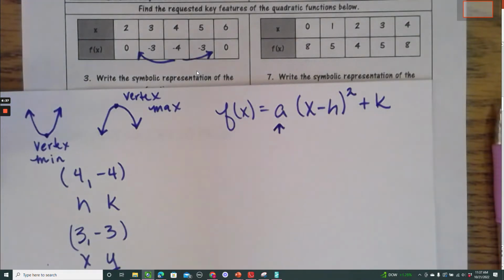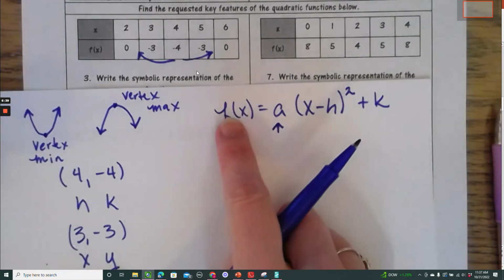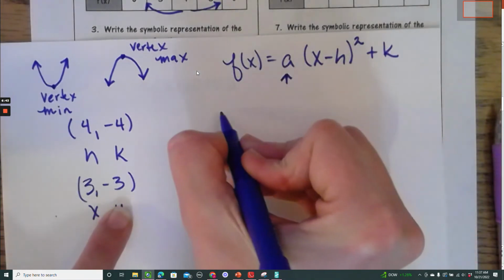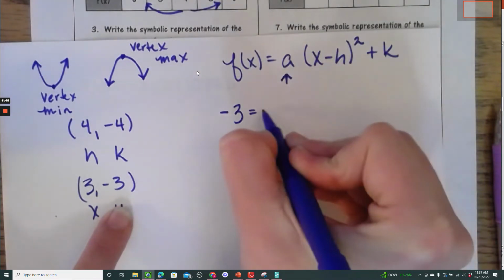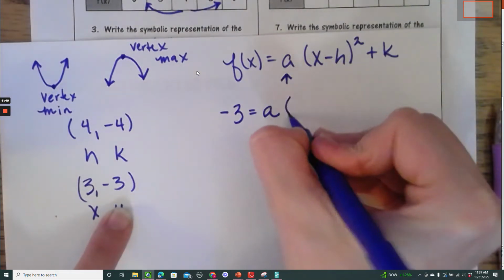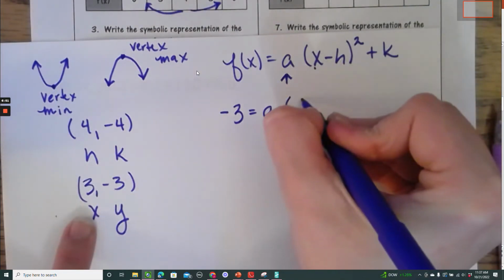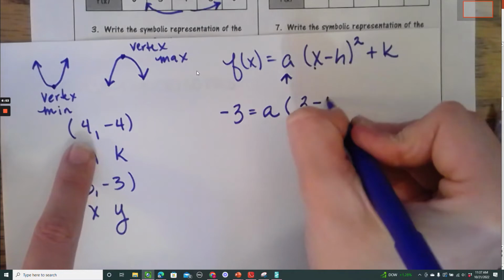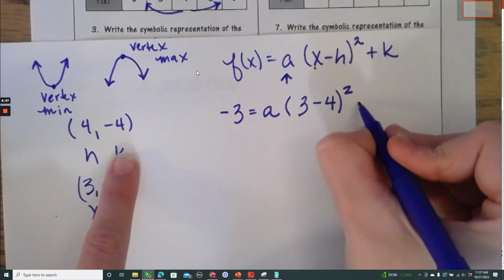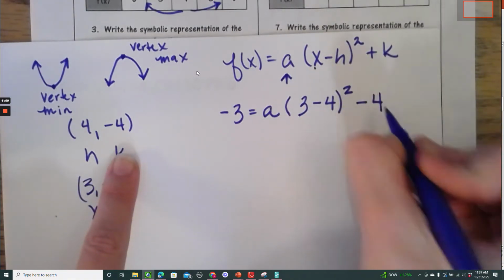So it's plug and chug at this point. Remember, f of x is just a fancy y. So instead of f of x, I'm going to write a -3. A is the value that I'm looking for, so I'm going to leave that. X is a 3. H is a 4. K is a -4, so I'm going to do -4.